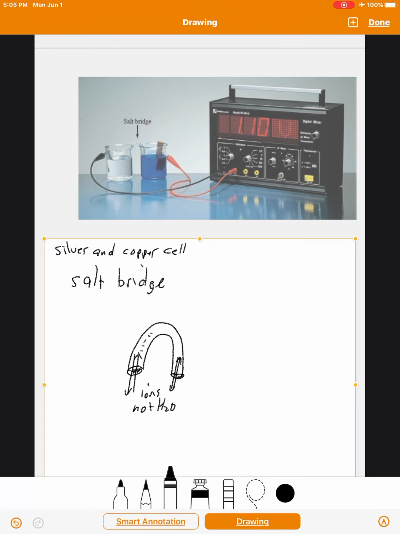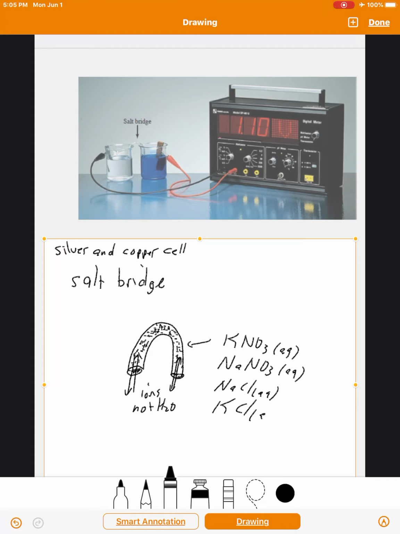Okay, so in here is an aqueous solution. It's actually a saturated solution, meaning there's so much salt dissolved in water, it's actually precipitating out. It's right at the level of the solubility of that particular salt. And there are different salts that can be used. So, for example, KNO3 might be used, or NaNO3 might be used, or NaCl might be used, or KCl.